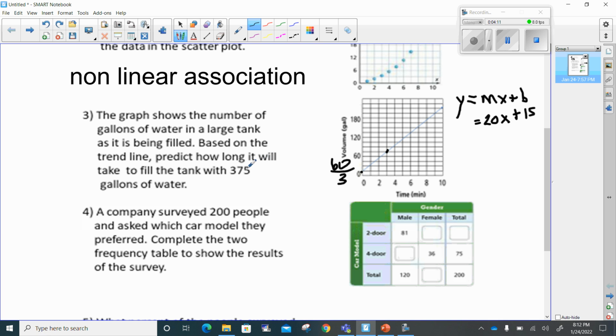Remember, we're going to use 375 because they're asking how long it would take, which is x for time, for 375 gallons of water. We're using the problem in reverse to find out what x is. I'm going to subtract 15 from both sides.